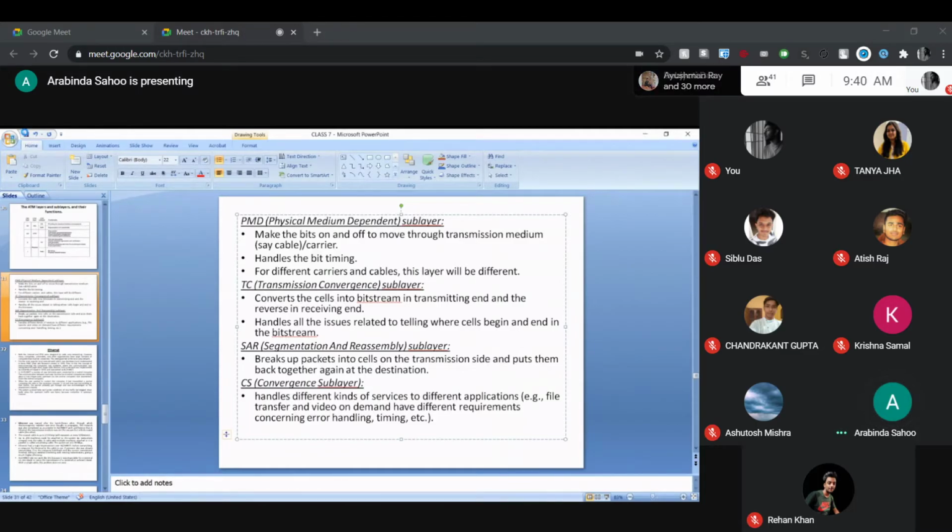So this is the function of the transmission convergence sublayer: convert the cells into a bit stream at the transmitting end, and the reverse at the receiving end.